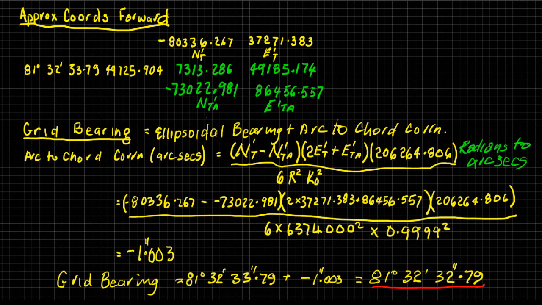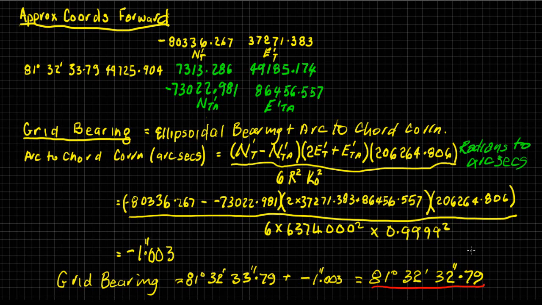Now the grid bearing equals the ellipsoidal bearing plus a negative 1 second, so that gives us our bearing of 81°32'32.79".